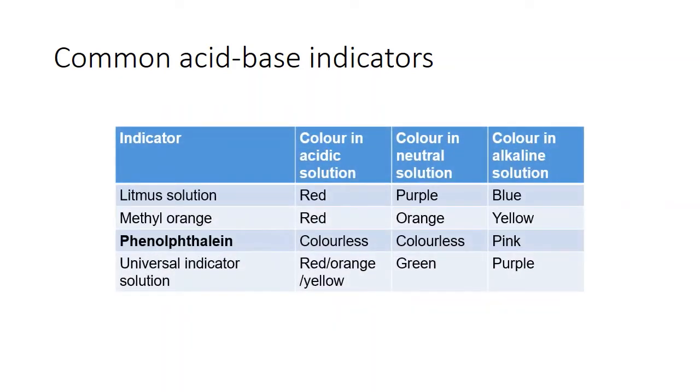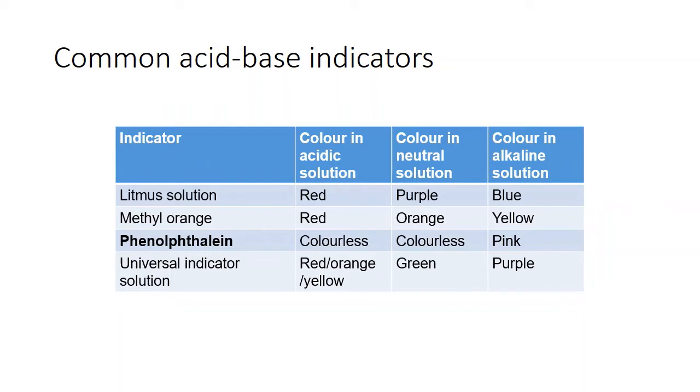Litmus solution: color in acidic solution red, in neutral solution purple, in alkaline solution blue. Methyl orange: color in acidic solution red, in neutral solution orange, in alkaline solution yellow.